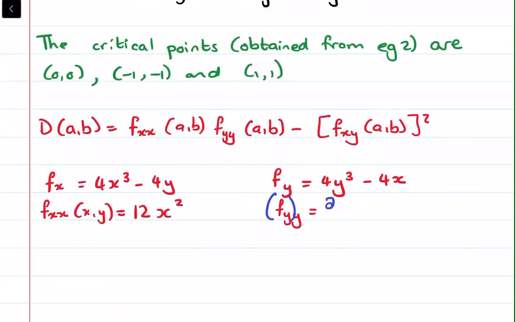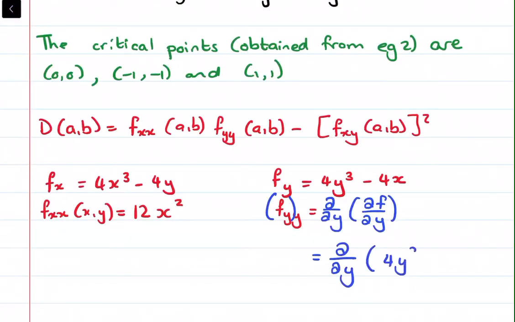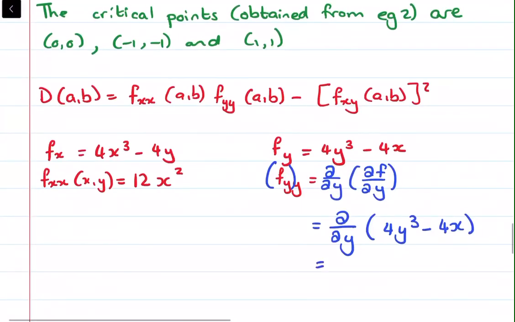Then we are taking the partial derivative with respect to y of what has already been differentiated with respect to y, which means that you are taking the partial derivative with respect to y of 4y cubed minus 4x. And then the answer is 12y squared minus 0.